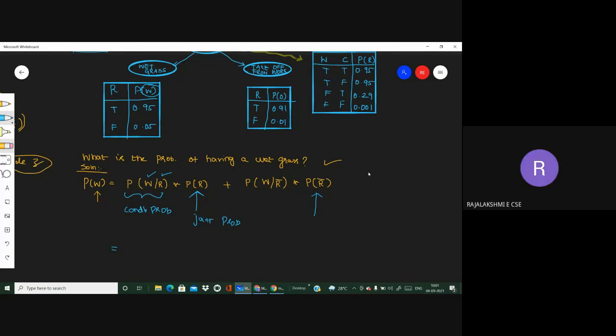0.95, ma'am. 0.95 into, I don't know yet, the probability of rain. See, this probability of getting rain depends on factors.